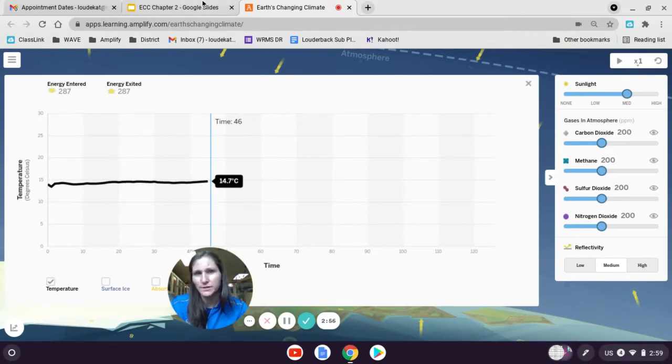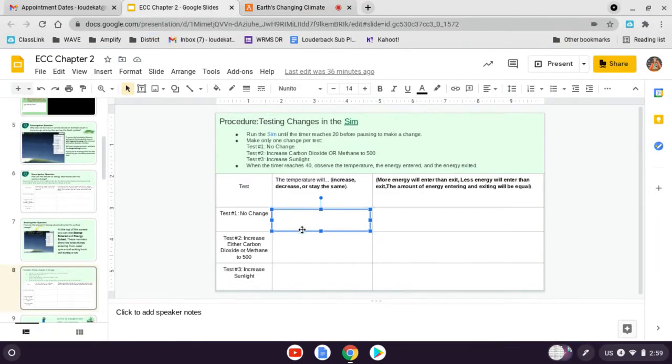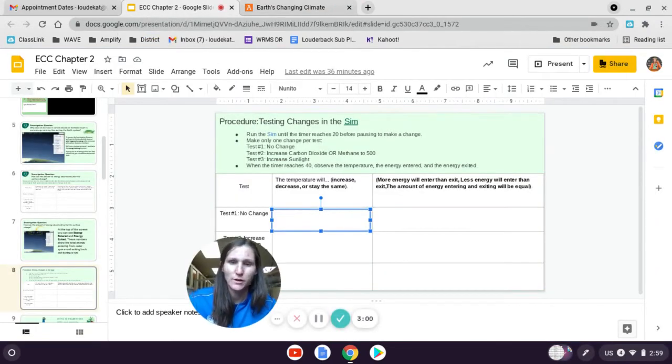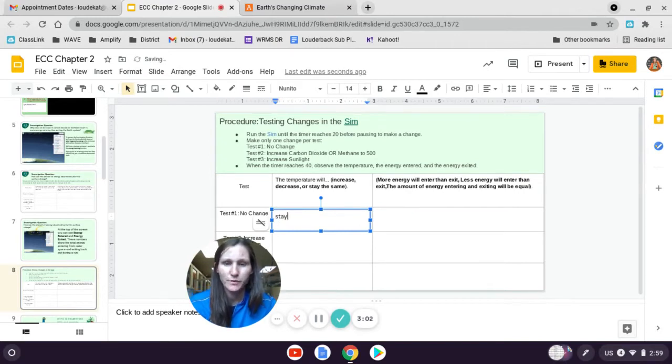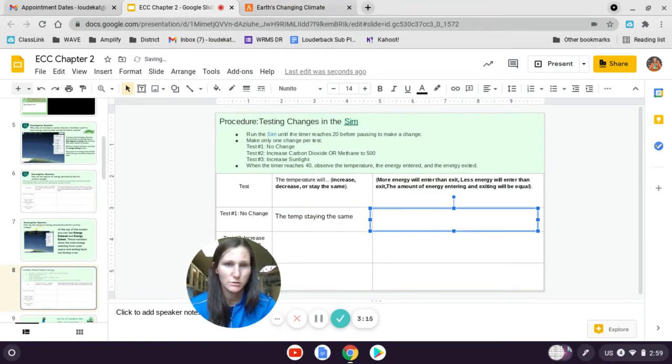It's a straight line. So when I go to my material here, it would stay the same. So essentially, giving you a free answer, the no change test resulted in the temperature staying the same and the amount of energy entering and exiting will be equal.